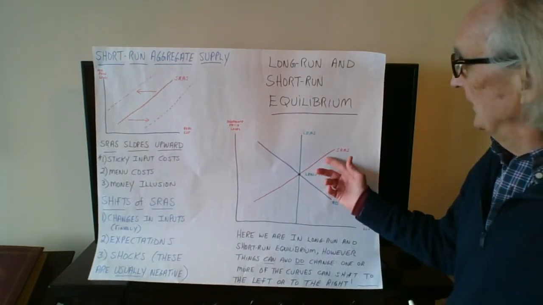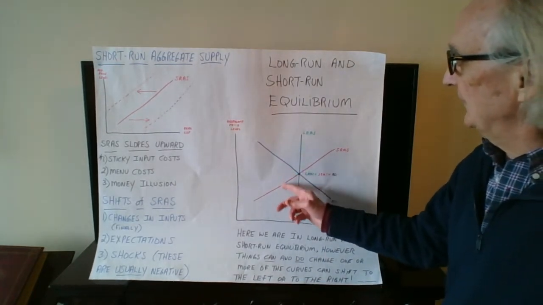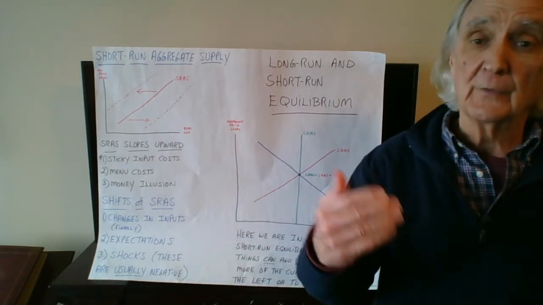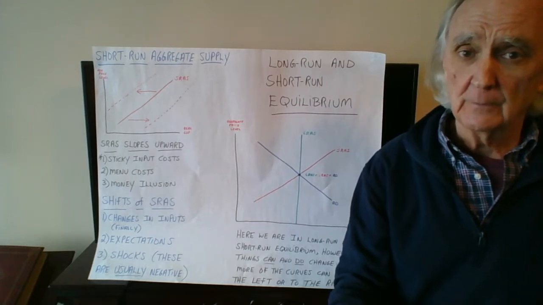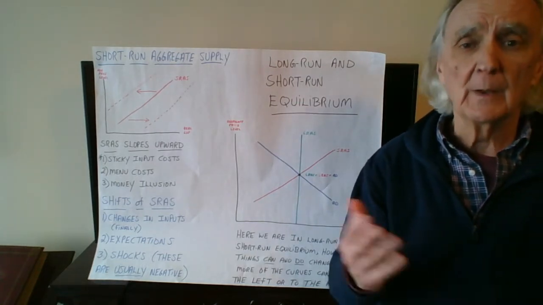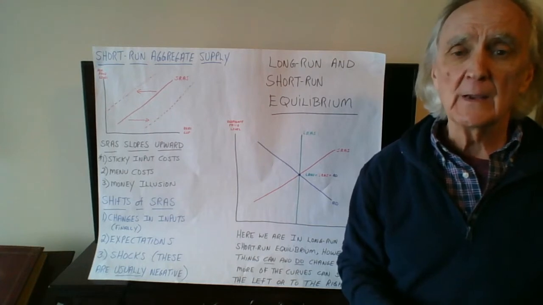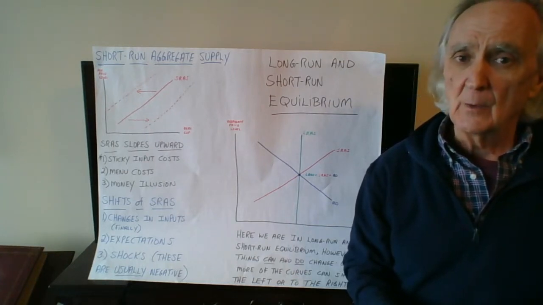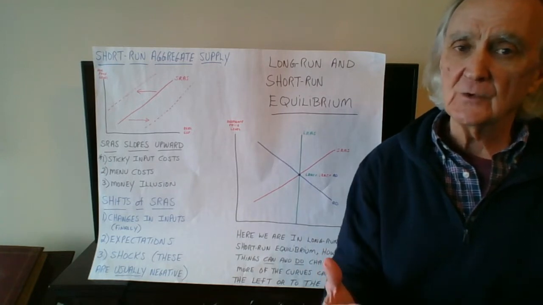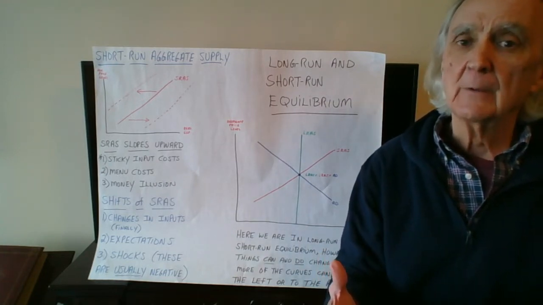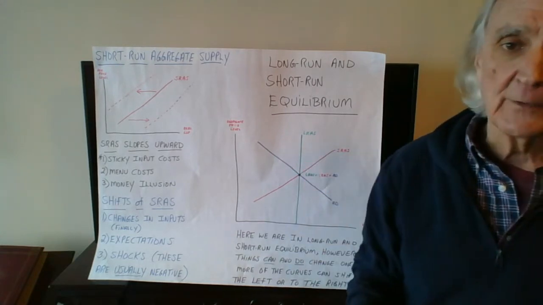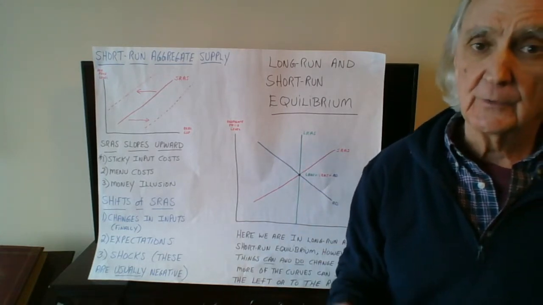these curves can shift, and again, even if it was a natural disaster, or when we look at the Great Recession, and we had a huge change in the financial institutions, that can cause the long-run aggregate supply curve to shift as well.